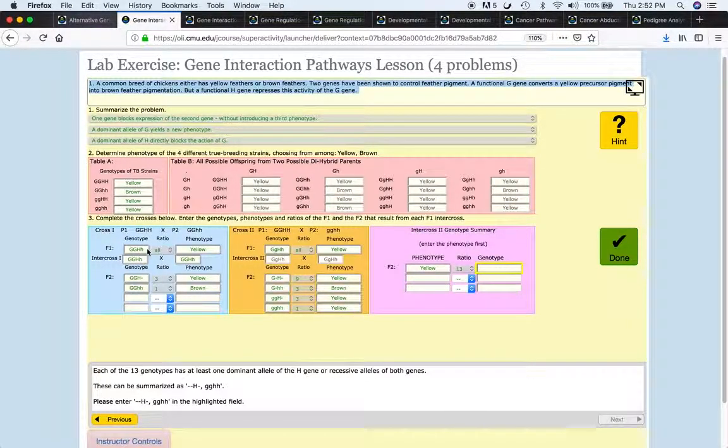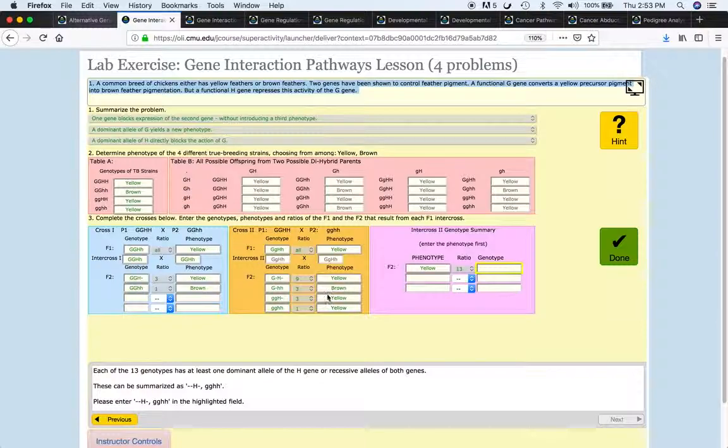Then they examine crosses between 2 true breeding strains to determine what the ratios would be in a case where you have what's called a dihybrid cross. Again, it would make more sense if you read the declarative instruction.